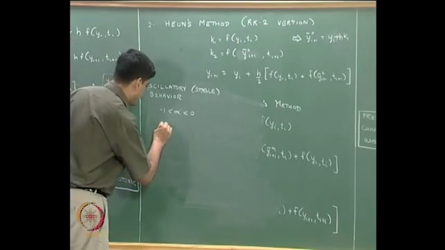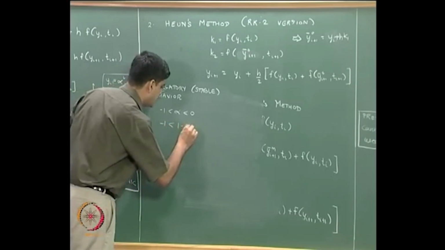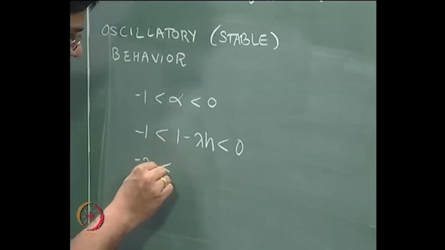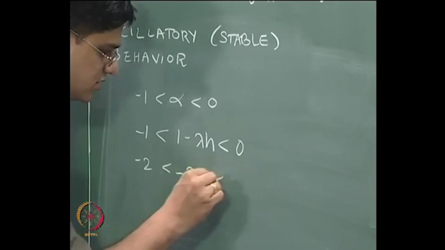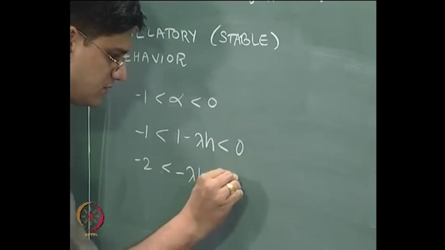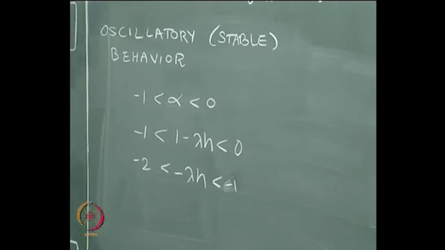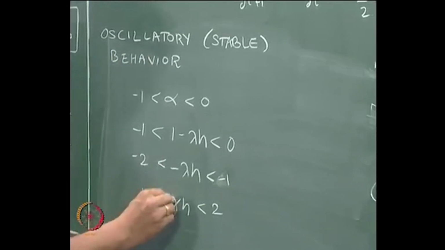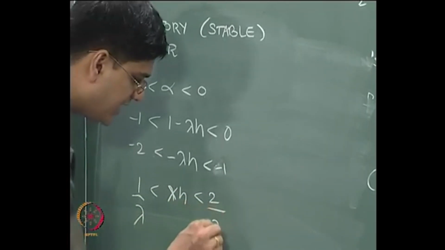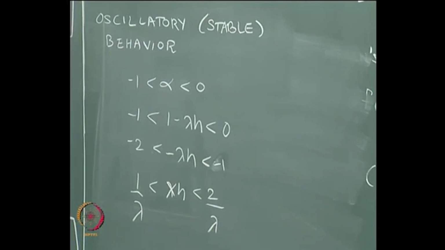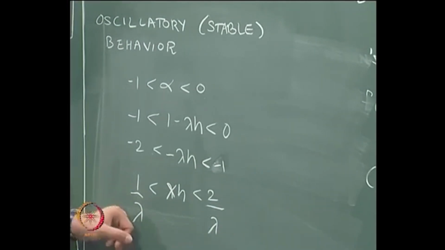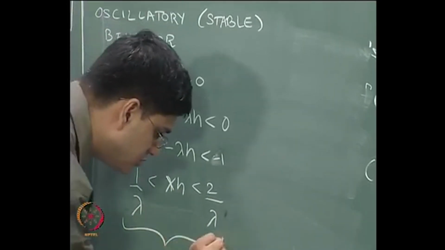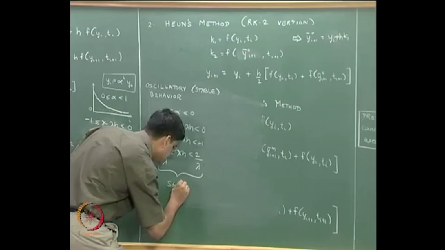That means -1 less than 1 minus lambda h less than 0, or -2 less than negative lambda h less than -1, or 1 less than lambda h less than 2, or h should lie between 1 by lambda and 2 by lambda. So if h is between 1 over lambda and 2 over lambda, we will get the system to be stable but oscillatory.